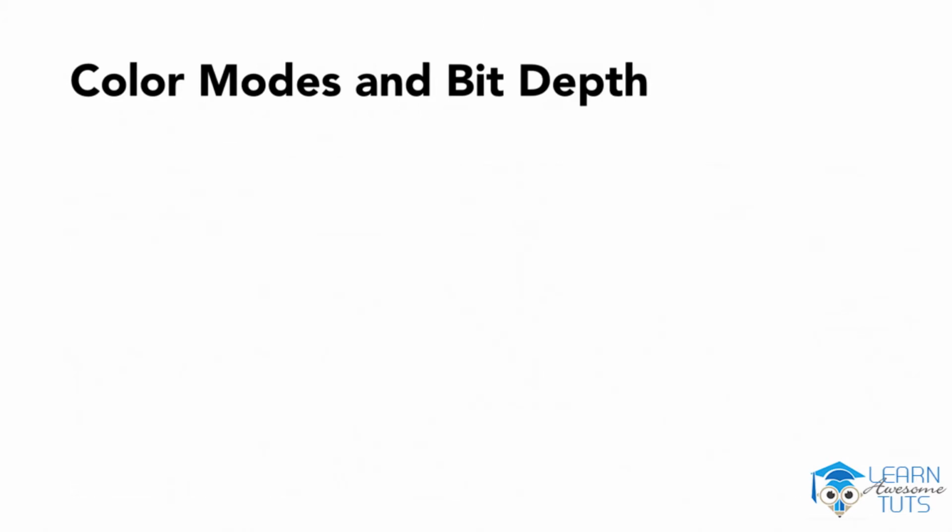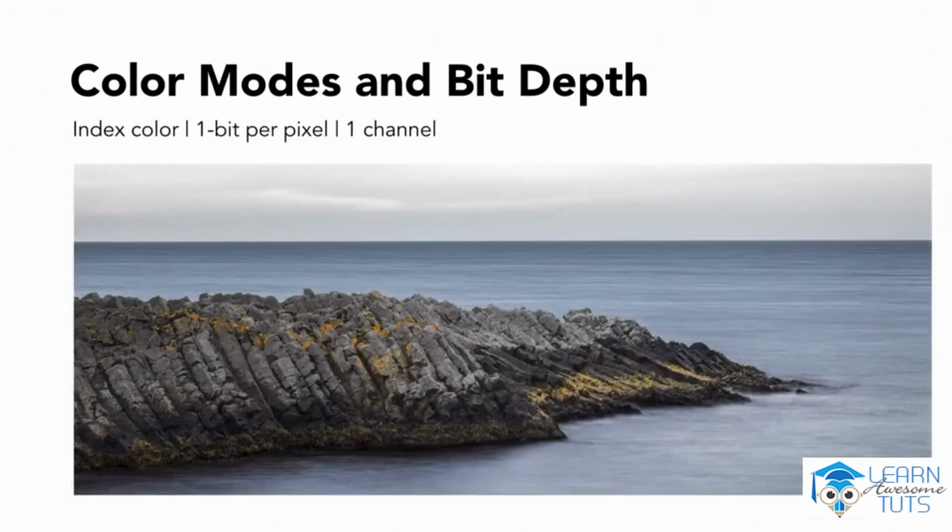The second mode is index color. It's similar to the grayscale mode in that it can contain 256 possible values, but in this case, those values are colors, not shades of gray. Like grayscale mode, index color is limited to a single channel, and this helps keep the file size down, but in most instances, index color mode is unable to display a large enough spectrum of colors to render a continuous tone photograph.